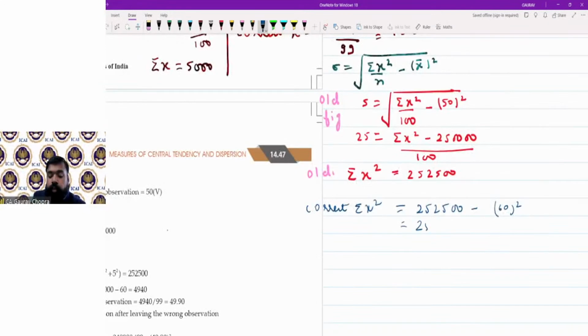So 2,52,500 minus 3600. How much are we getting now? This will be the correct sigma x square: 2,48,900.